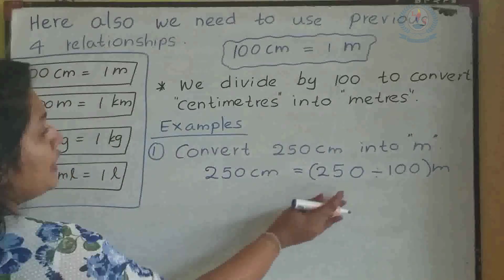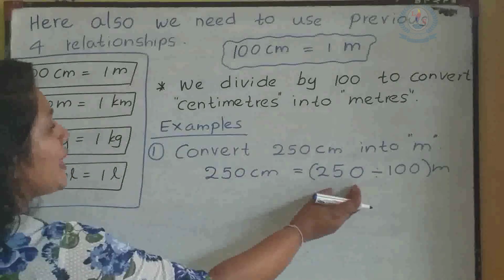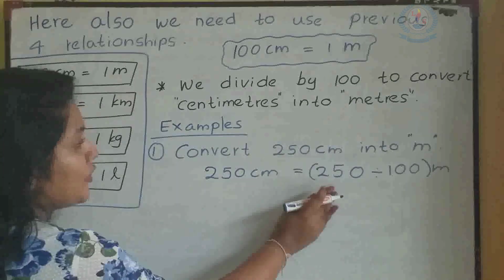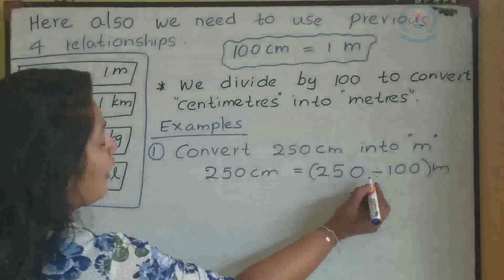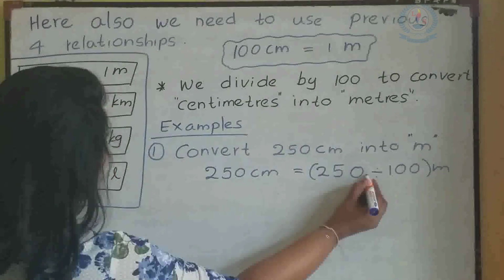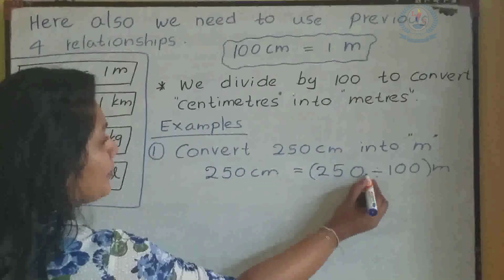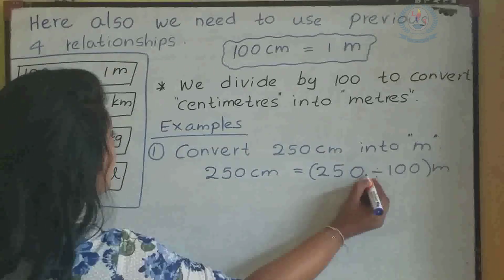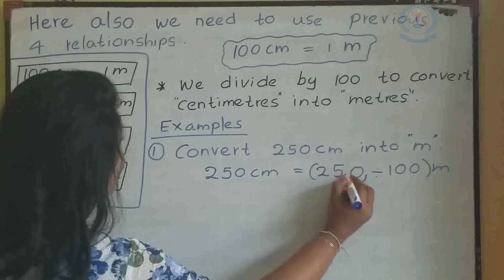Then how to divide this one mentally? Without doing long division, we can find the answer mentally. Since we can't see a decimal place, what does it mean? That means after the last digit, the decimal place is there. Now we can see the decimal place here. Since we have to divide this value by 100, we need to take this decimal place to the left-hand side by 2 digits.